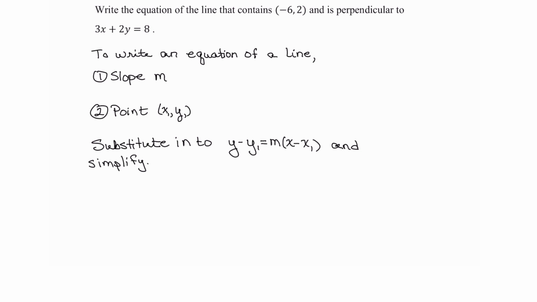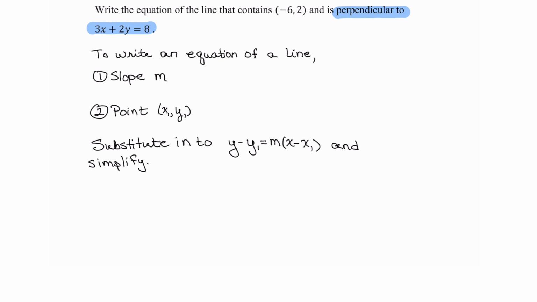I read the problem and see if they just handed me the slope. They didn't hand me the slope in this one, but they did tell me that my line is to be perpendicular to this line, 3x minus 2y is equal to 8. So then, remembering things about perpendicular lines, if you have perpendicular lines, the slopes of those two lines are opposite in sign and reciprocals.